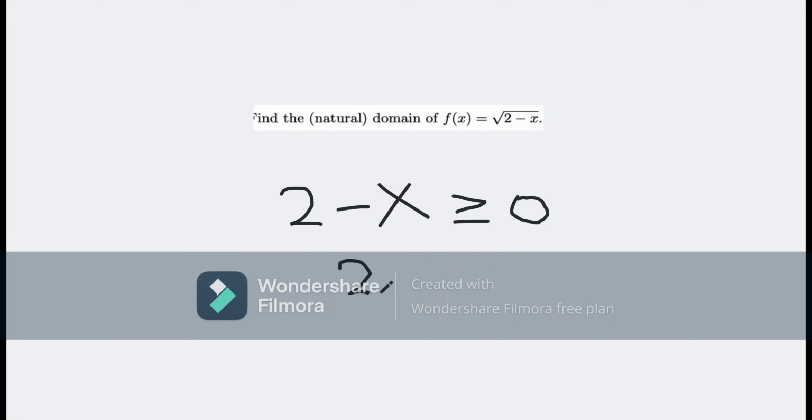So you move x to this side, so you have x is less than or equal to 2. So x can't be greater than 2.